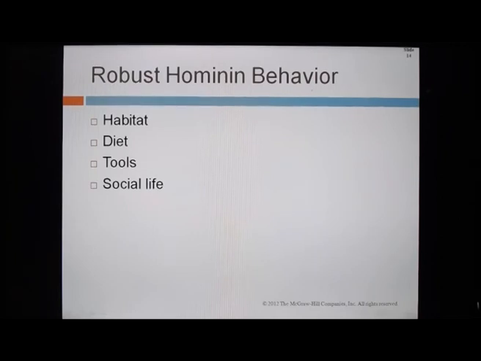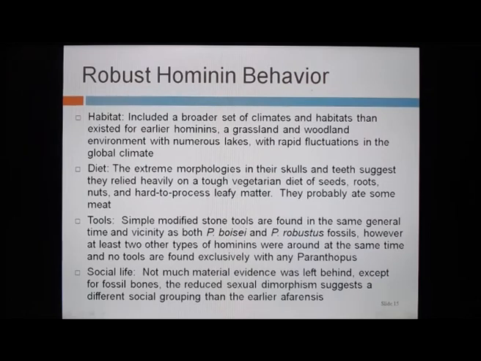Robust hominid behavior. Let's look at the habitat, the diet, the tools, and social life, like we did with the graciles. Habitat included a broader set of climates and habitats than existed for earlier hominids. A grassland and woodland environment with numerous lakes, but then rapidly fluctuating climate change. And like they said in the film, the lakes would come and go.